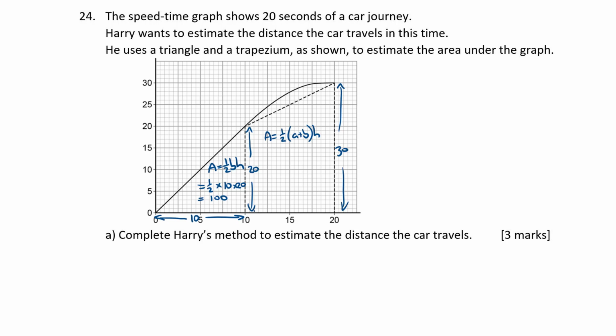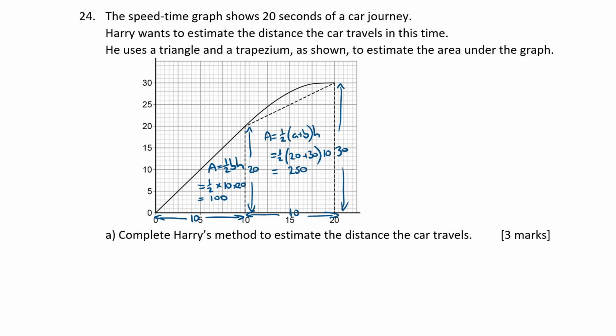And then the distance between them is my h value. Distance between 10 and 20 is 10. So my area here is going to be a half times (20 plus 30) times 10. 20 plus 30 is 50. Half of 50 is 25, and 25 times 10 is 250.